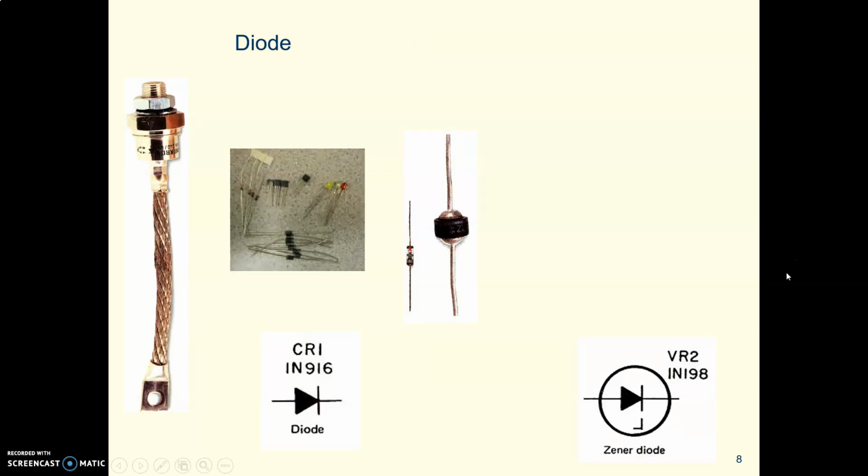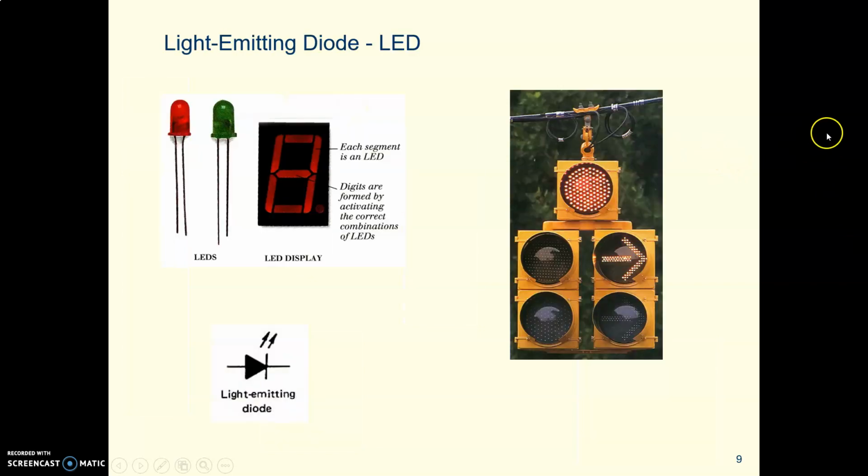Here's what they look like if you wire them up in big scale electronic equipment. Usually, though, we are seeing these things as part of integrated circuits, computer chips. Down in the lower right corner is a symbol for a special kind of diode called a Zener diode. And then in the lower left corner of this slide is the symbol for another special kind of diode, the light-emitting diode, or LED.